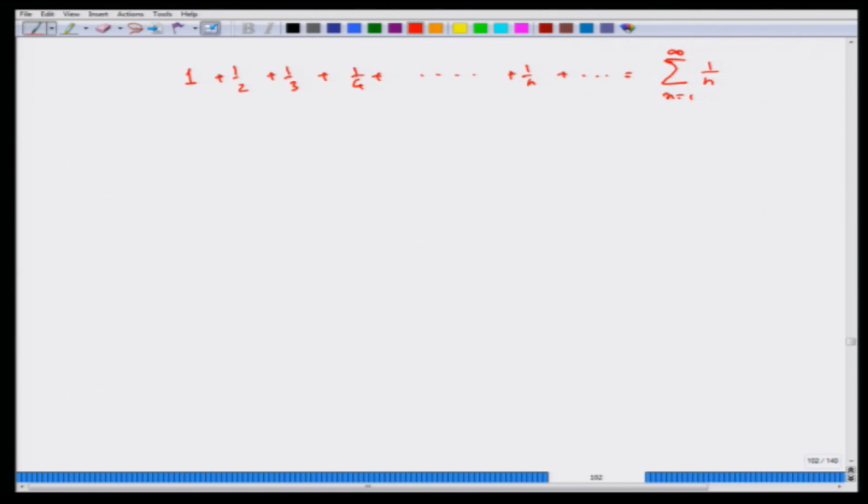What we can do is simply regroup this as follows: 1 plus half plus 1/3 plus 1/4 plus 1/5 plus 1/6 plus 1/7 plus 1/8.